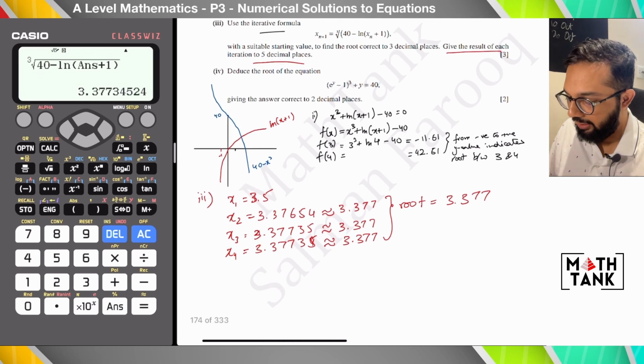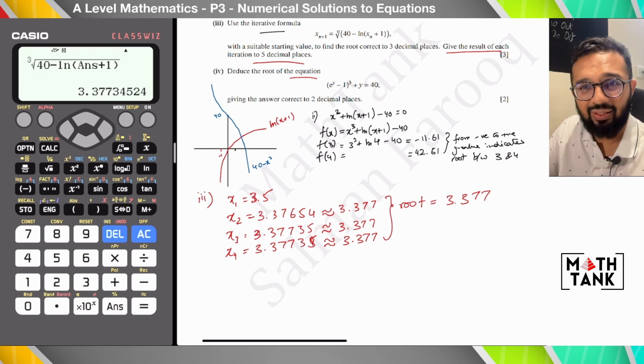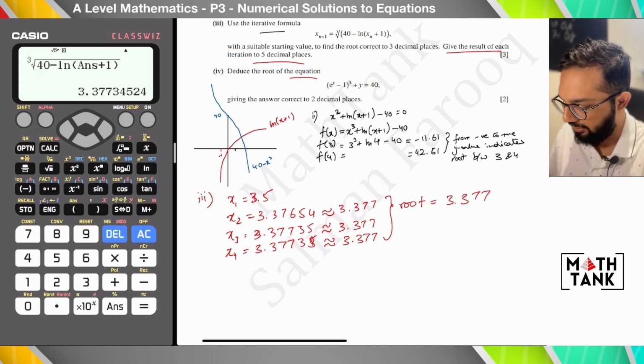Then it says deduce the root of the equation this. Now in order to deduce the root of this equation, when it says deduce, it has to do something from the previous part, and that is what I'm going to do. I am going to compare the previous equation to this one.